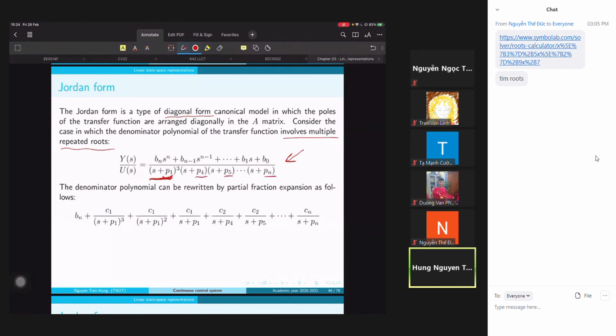So in this case we have 3 identical roots or solutions.